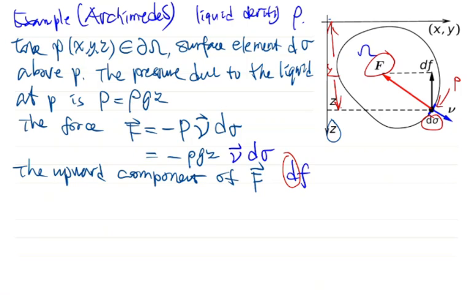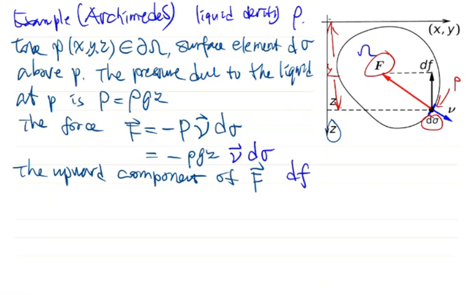Delta F is the increment, but when the object is very small, we write it as dF, an infinitesimally small increment or change. So dF is the upward component of capital F.